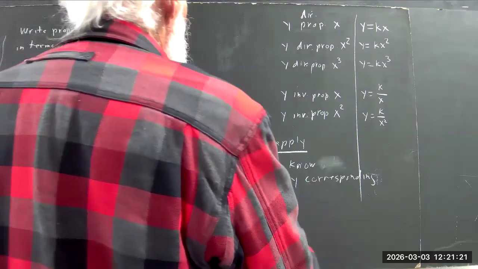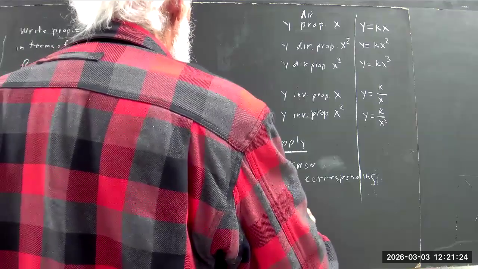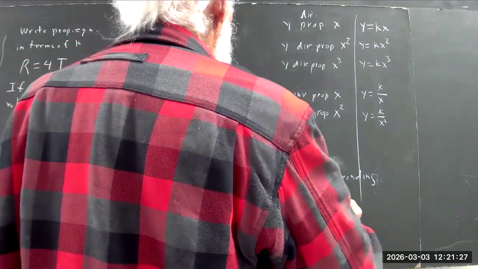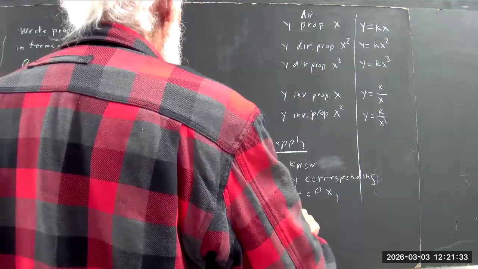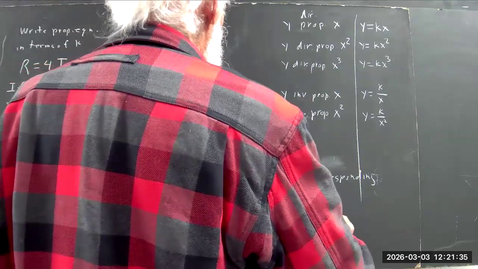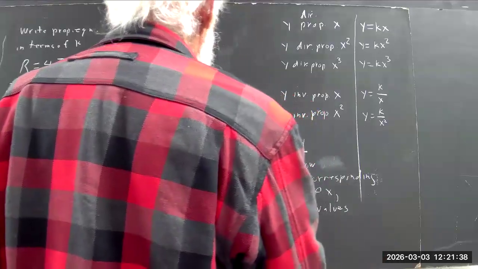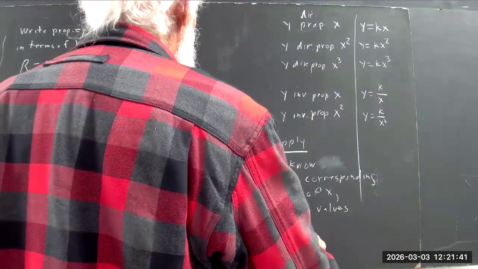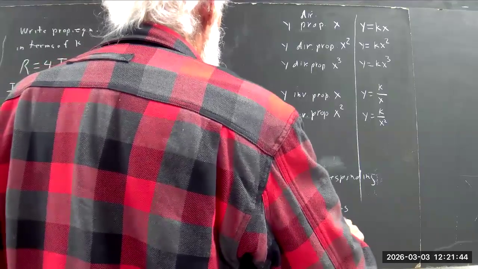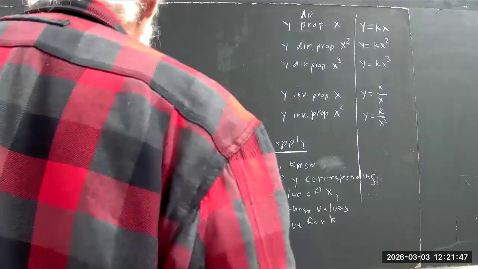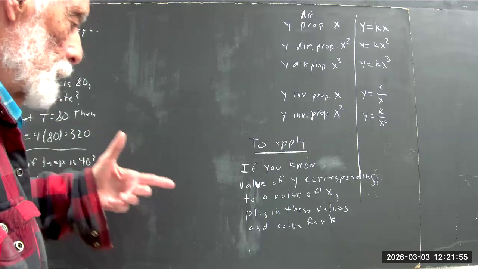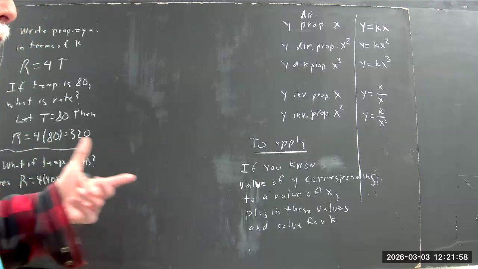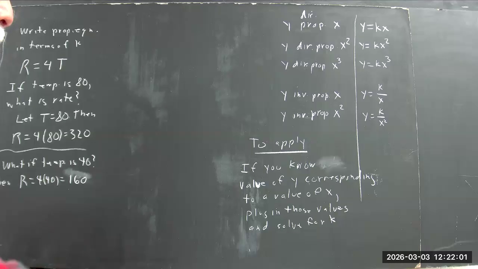If you know the value of y corresponding to a value of x, plug in those values and solve for k. As we did with the temperature thing, we plugged in temperature 50, rate 200. When the temperature is 50, the rate was 200. Plug those in and solve for k.